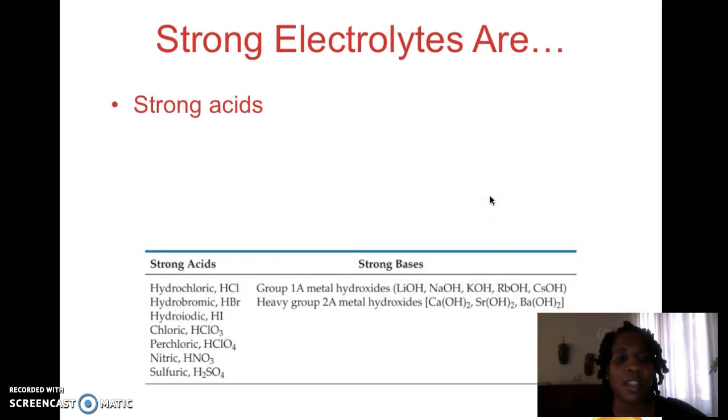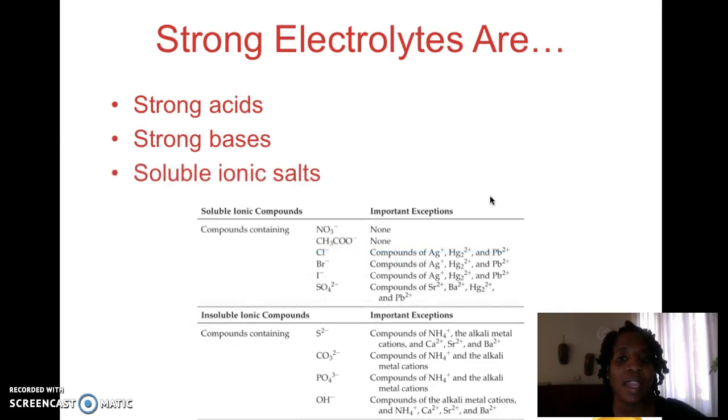Just to be able to identify those strong acids, which is very important, you should have this committed to memory, at least, what those strong acids are. Strong bases as well. And then there are some solubility rules that allow you to predict which ionic compounds will dissolve in water. And those are important to be familiar with as well.